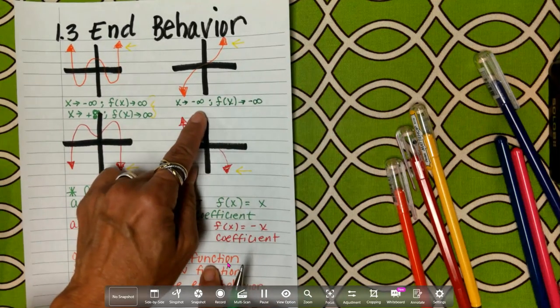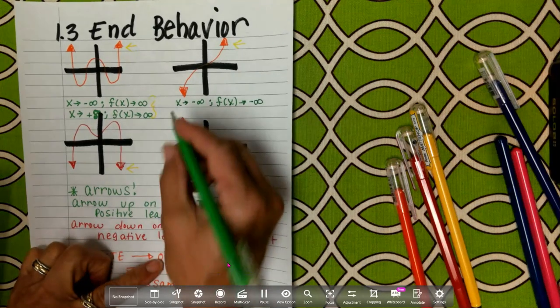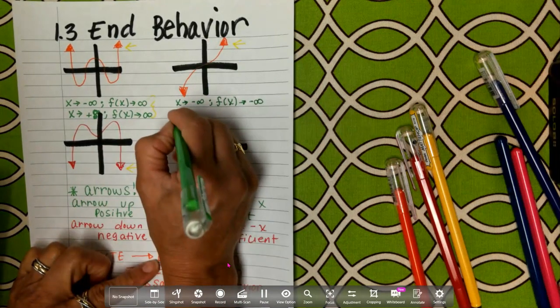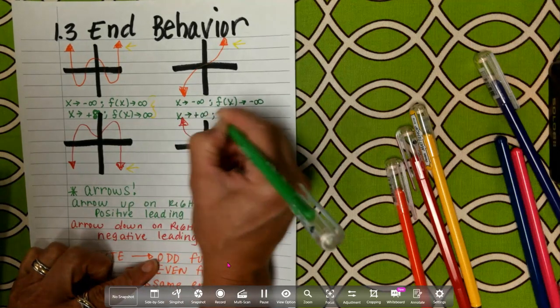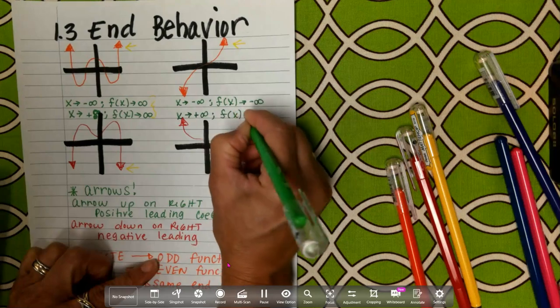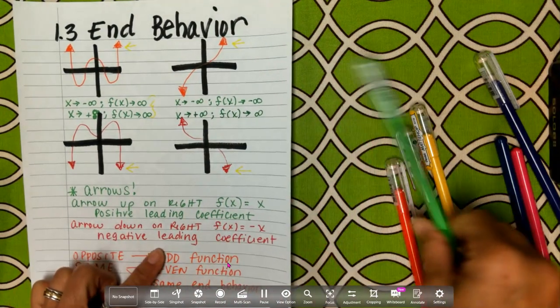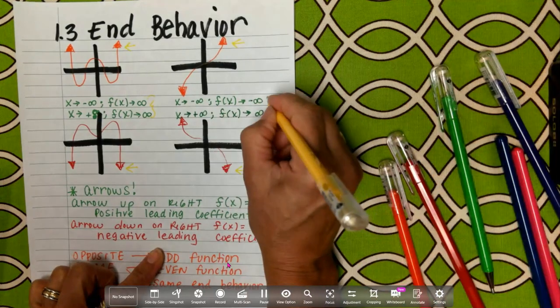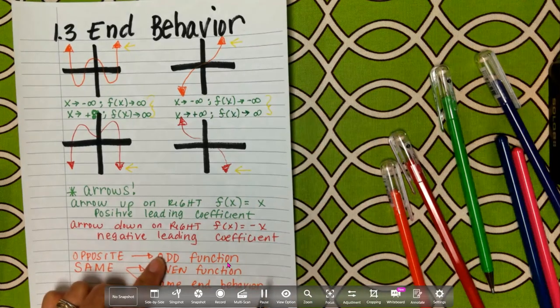So as x approaches negative infinity, so does f of x. Let's look at the right side. Right arrow right here. So as x approaches positive infinity, so do the outputs. So if you notice here, these do not match. And if it's an odd function, they never will.